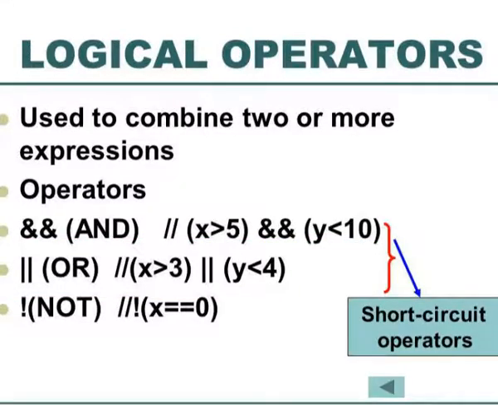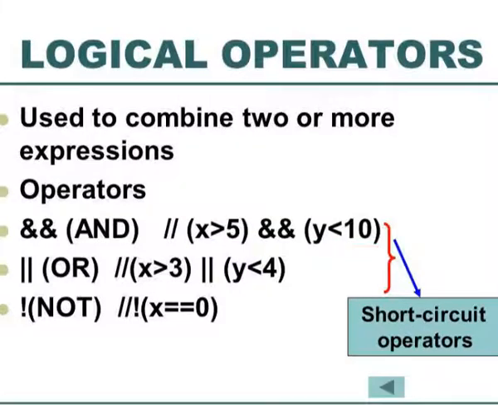Now, this AND and OR are called short circuit operators. Now, what is the meaning of this word short circuit? If you take the first expression which I have given, x is greater than 5 and y is less than 10, AND indicates that only when both the expressions are true, the whole value is true. AND means both have to be true.